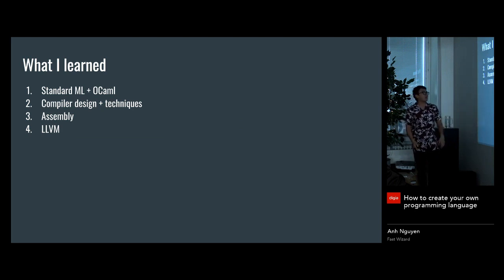So I learned standard ML, OCaml, and recently Scala. And then I learned something about compiler design, and then I learned some really low-level stuff like assembly, and at the end is LLVM.